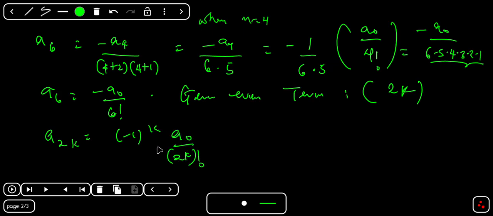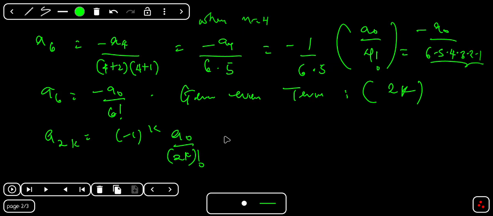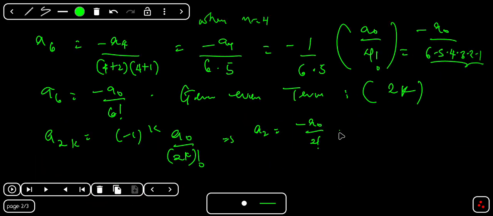How do we get this minus 1 raised to the power of k? You can see this is an alternating sequence. Altogether, they are alternating terms. Now you can check. A2 is equal to minus a naught over 2 factorial. Next one is a4, a naught over 4 factorial.